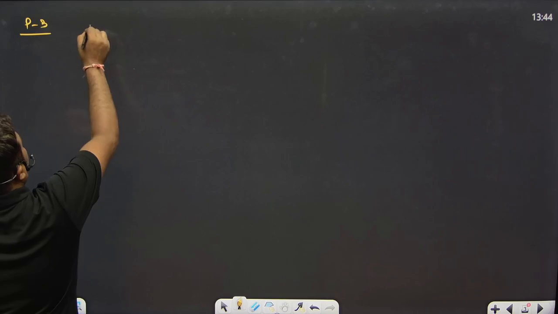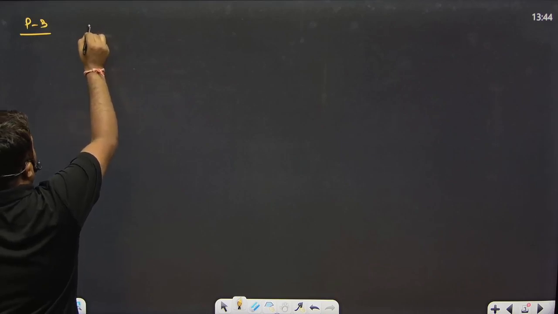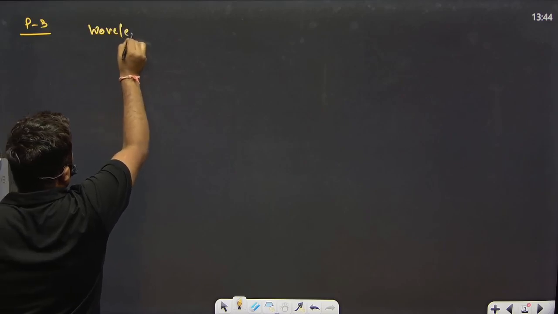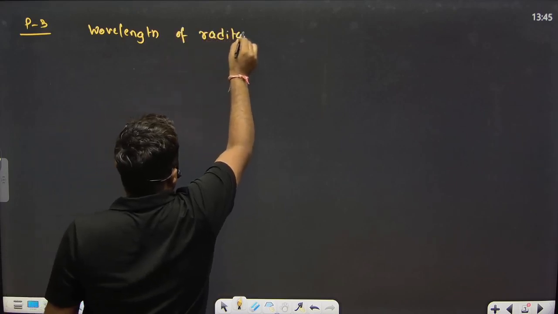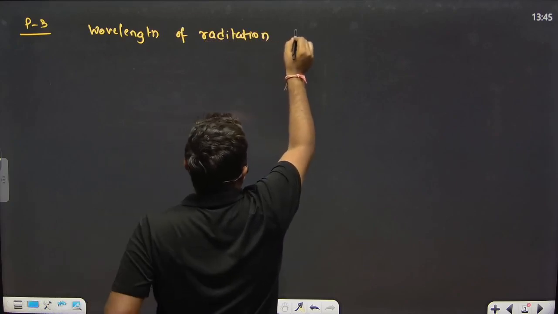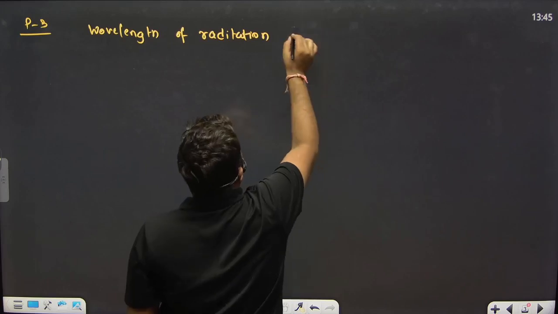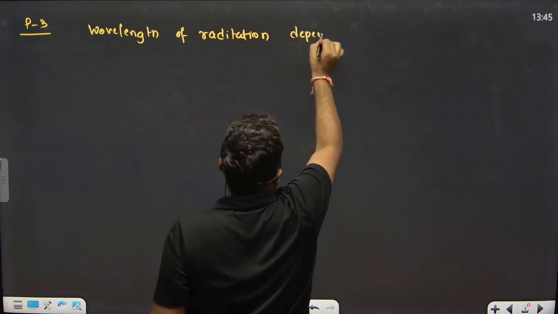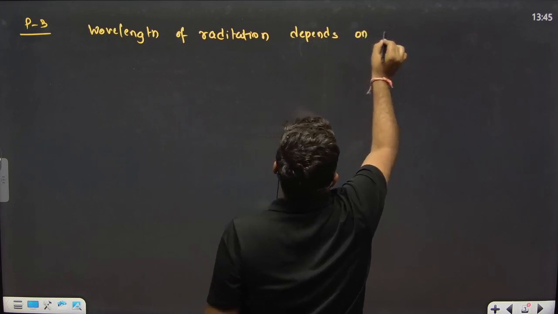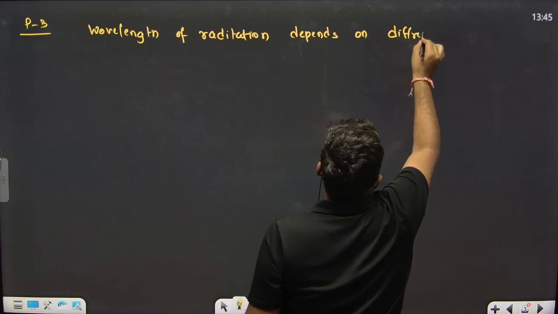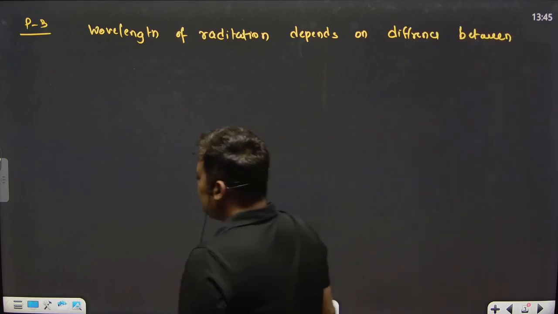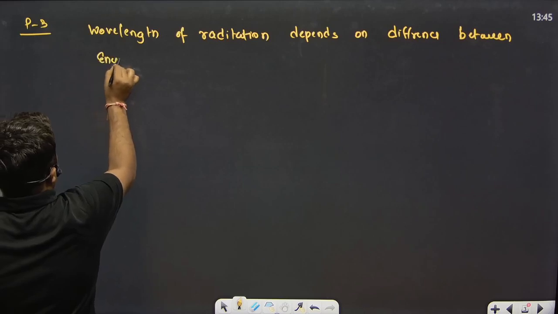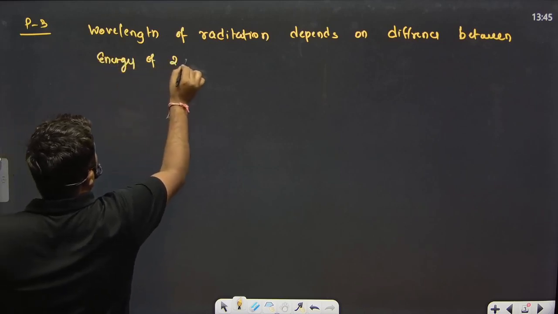So what does it say? It says that the wavelength of radiation in spectrum depends on the difference between the energy of two energy levels.